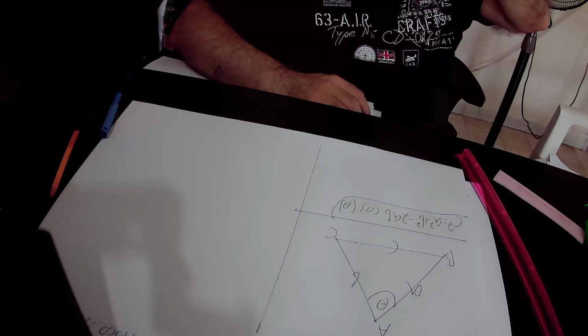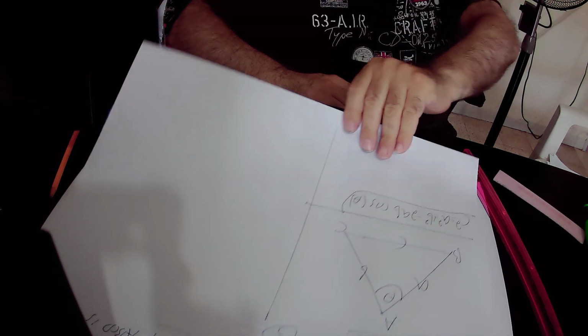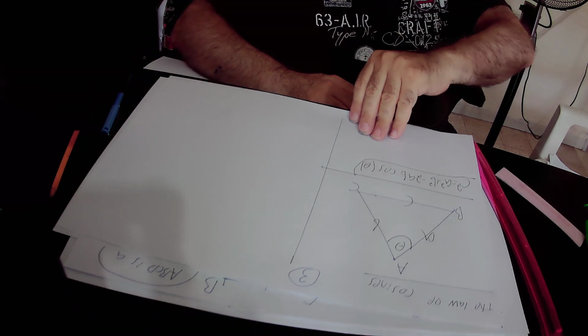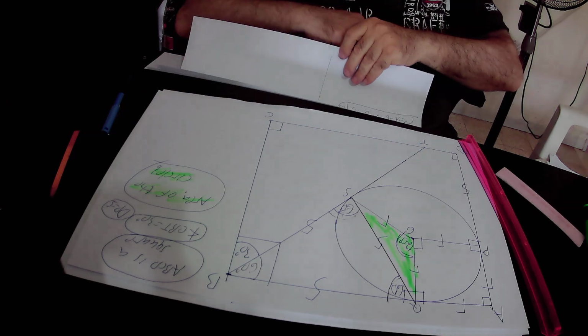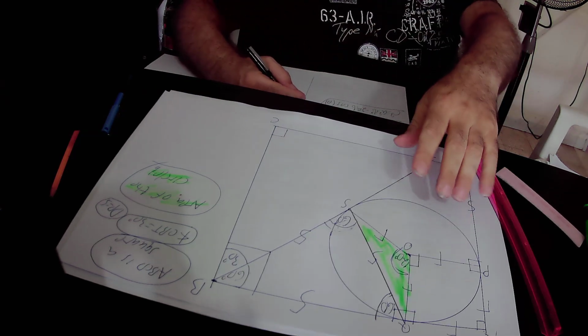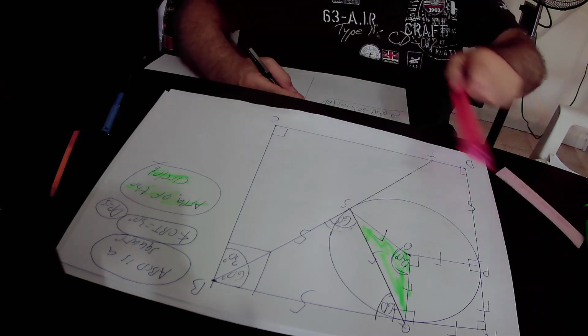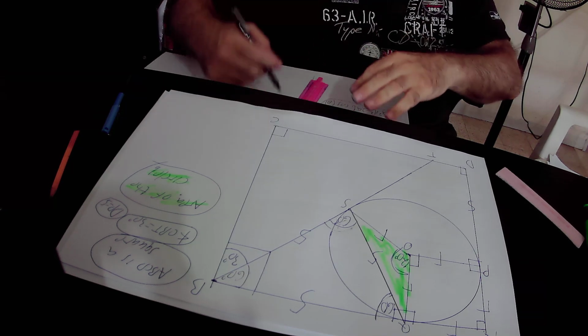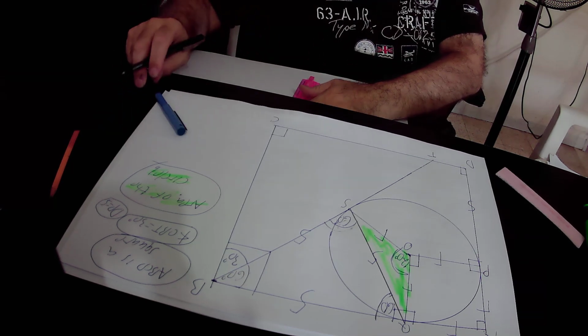Now we will implement the law of cosines in the green triangle, triangle QOS. So I'll copy triangle QOS in a new page, and we'll implement the law of cosines in triangle QOS.